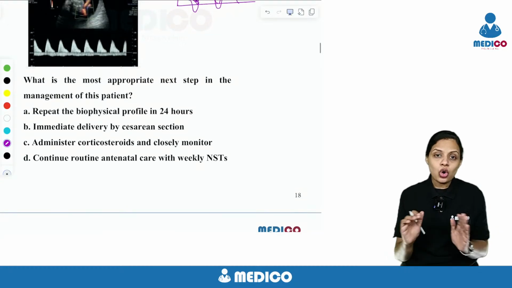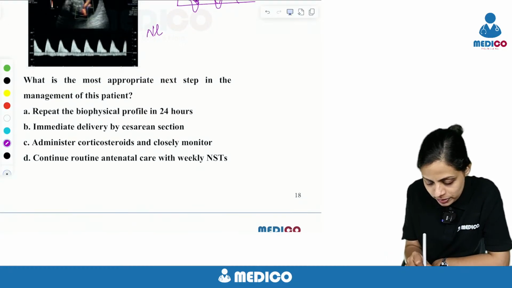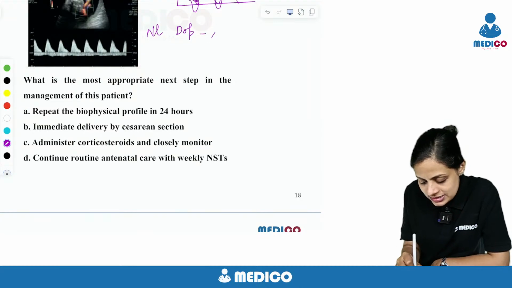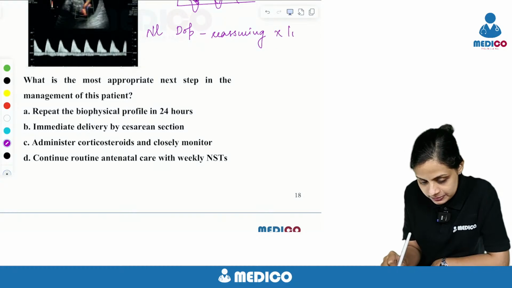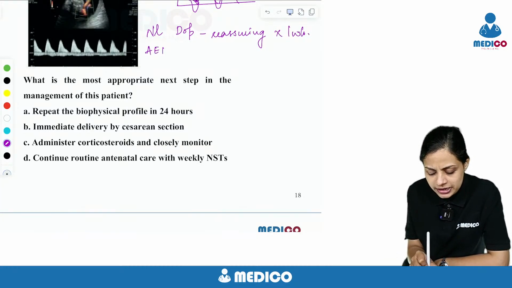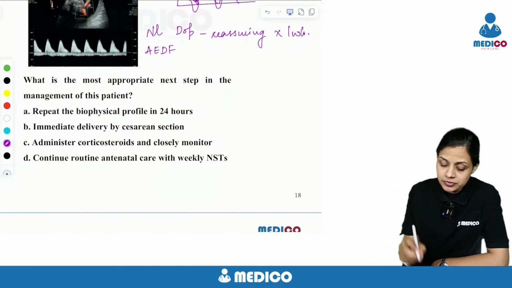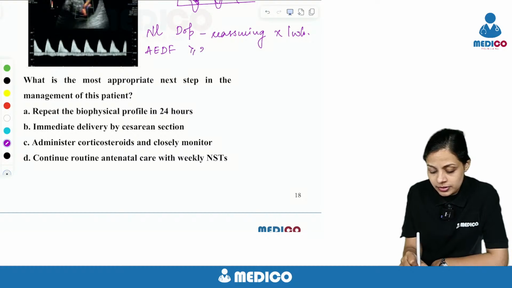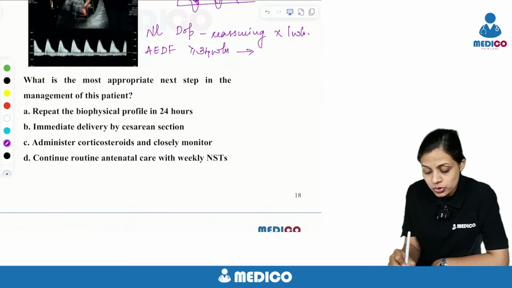If there is a normal Doppler, always remember, if they have mentioned that the Dopplers are normal, then it is reassuring. For how long? Reassuring for 1 week. If there is an absence of the end diastolic flow, AEDF, as in this case, and the woman has crossed 34 weeks, then you can deliver her.